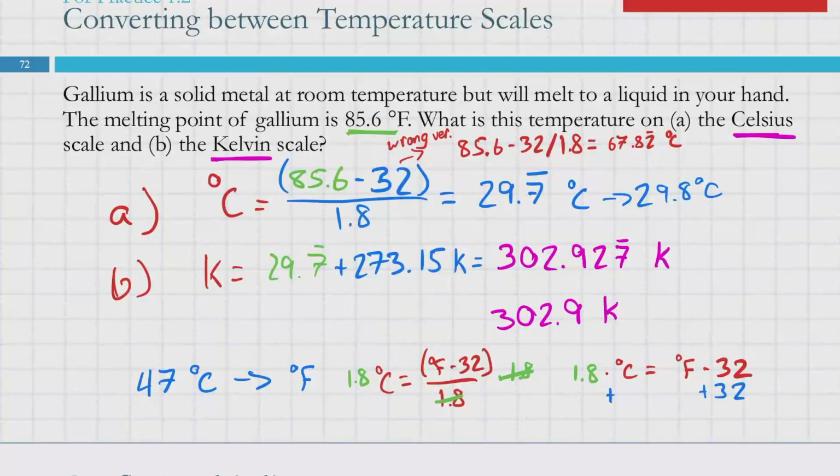That will get rid of the 32 on the right side. And now degrees Fahrenheit is by itself. Flipping it left and right, we'd get degrees Fahrenheit equals 1.8 times degrees Celsius plus 32.